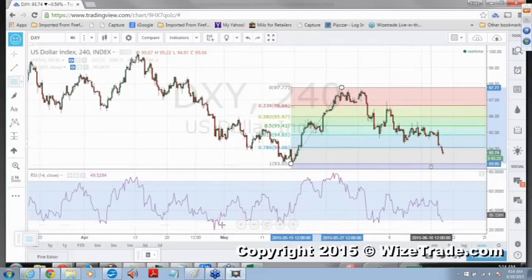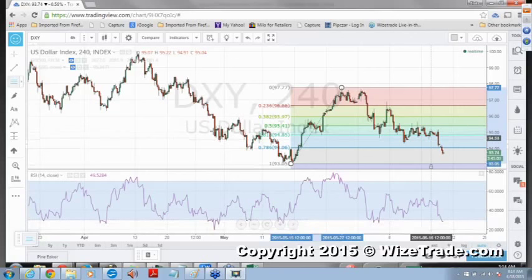This is a 4-hour chart. You go back to this time in April, towards the end of April, we spent some time in very oversold conditions.